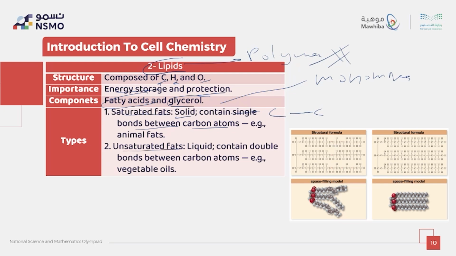Unsaturated fats are always liquid and contain at least one double bond between carbons. An example of this is vegetable oils. See the picture, guys. The picture here illustrates the differences between saturated and unsaturated fats.